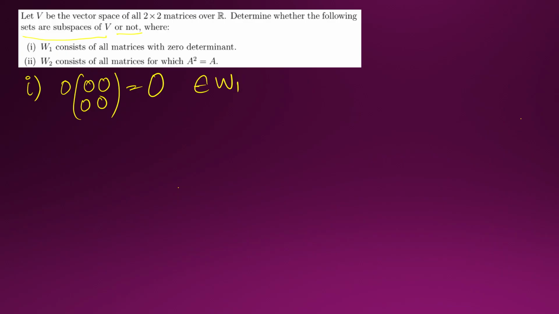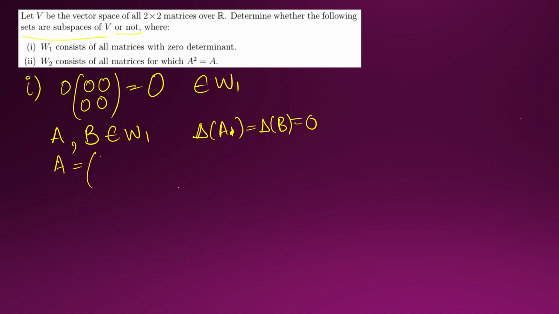Now consider matrices A and B belonging to W1 such that determinant of A is equal to determinant of B is equal to 0. Now A is equal to (1, 0, 0, 0) and B is equal to (0, 0, 0, 1).